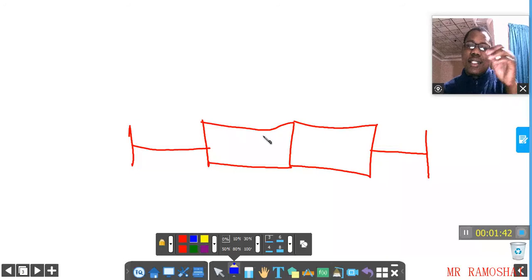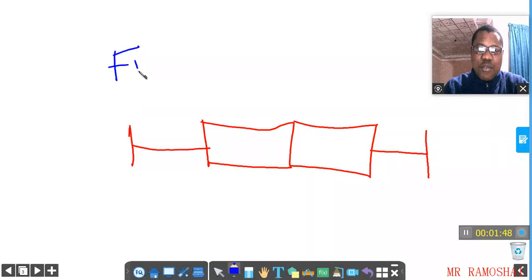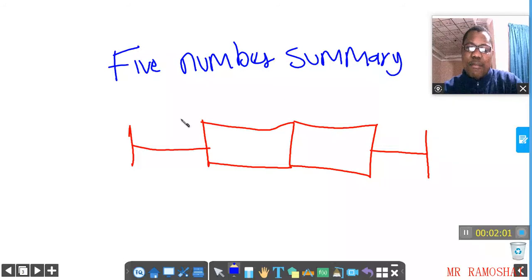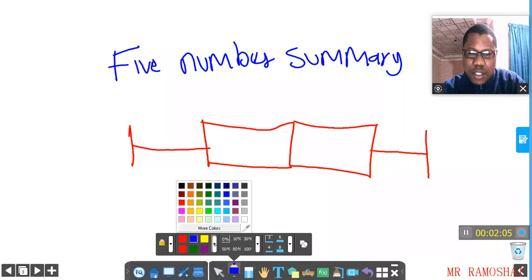So what does this diagram show? This diagram shows a 5 number summary. What are those 5 numbers?